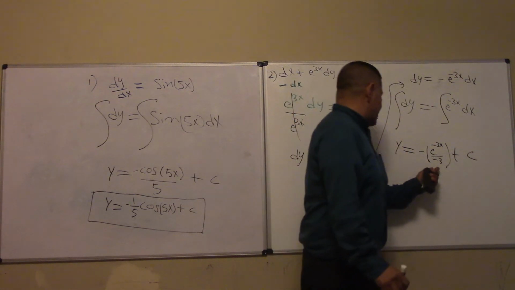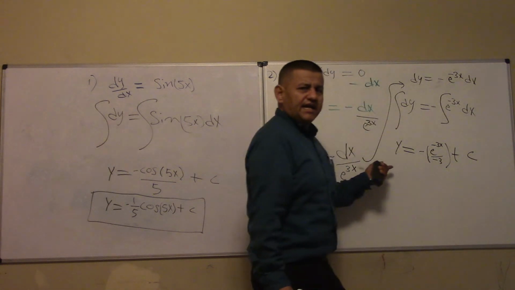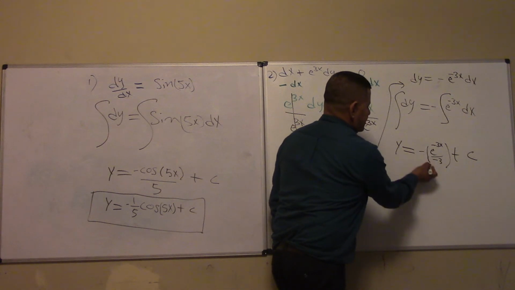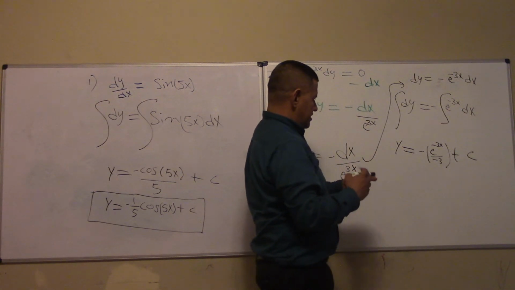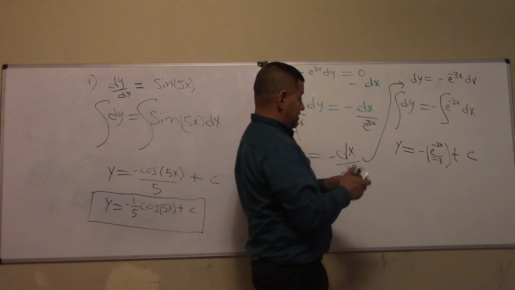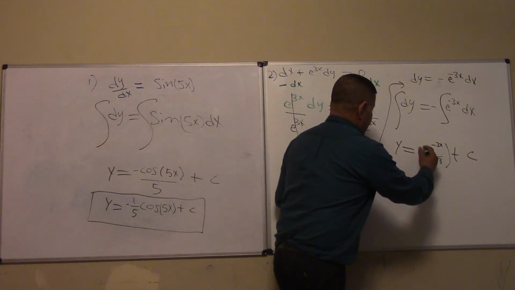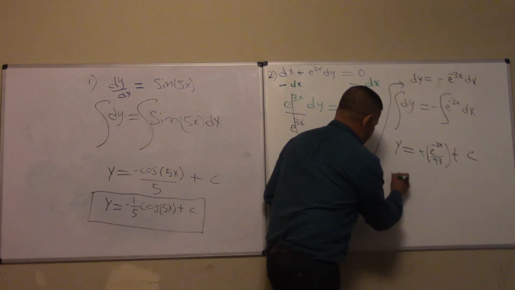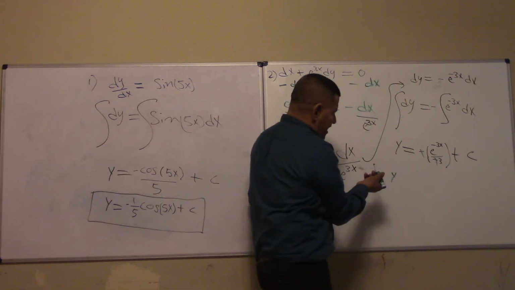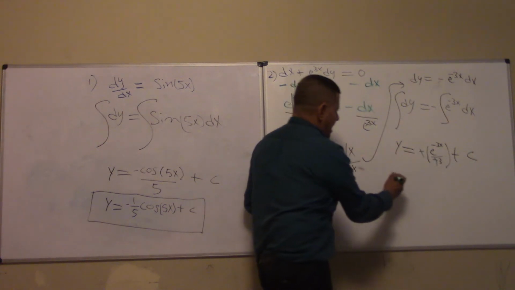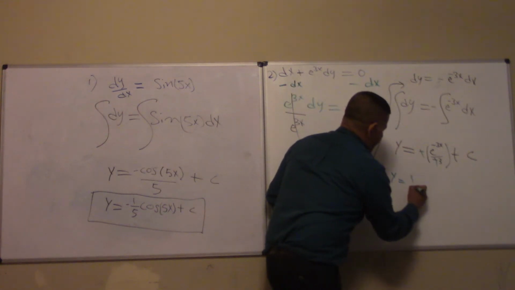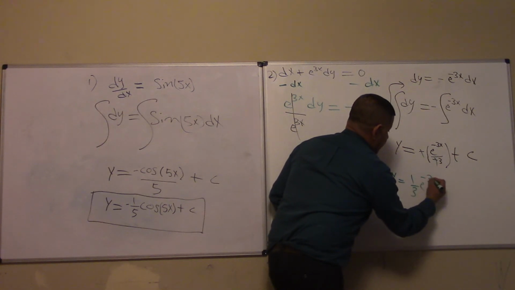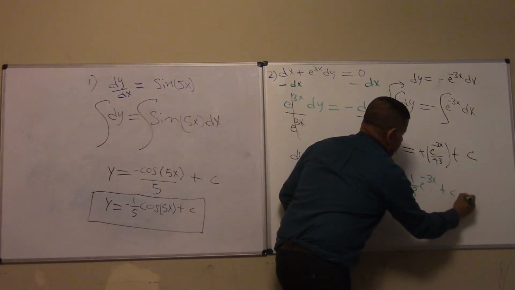So now, how can I clean this up? Well, I can clean this up by simply dividing those signs right there. And I can factor out 1/3. If I factor 1/3 out, the answer is 1/3 e to the negative 3x plus c.